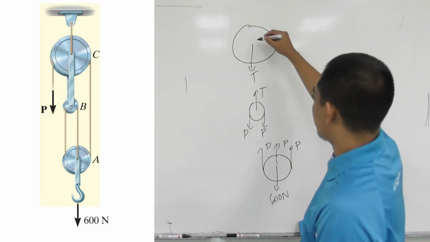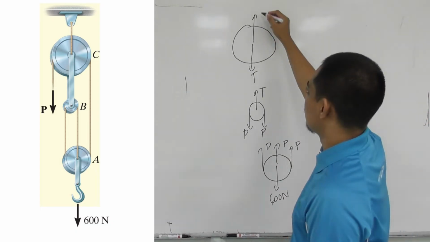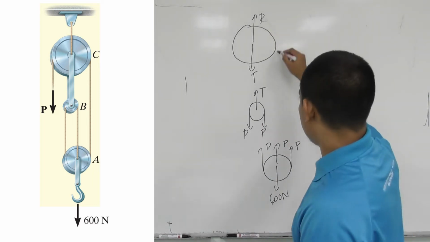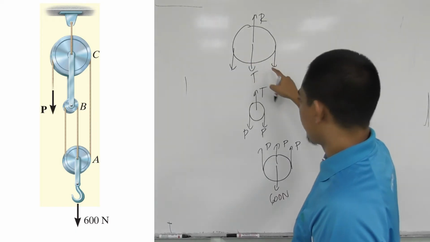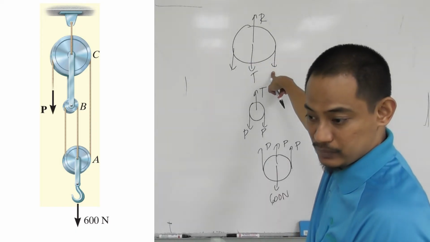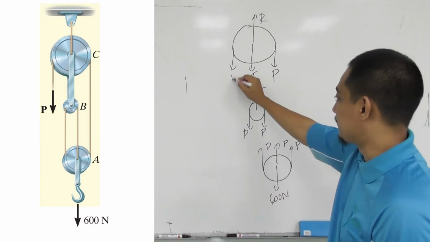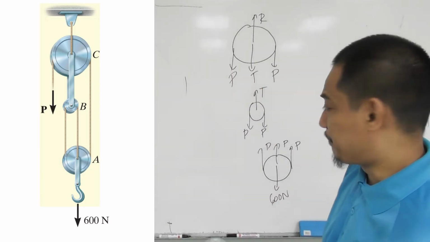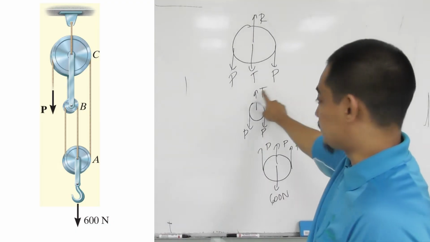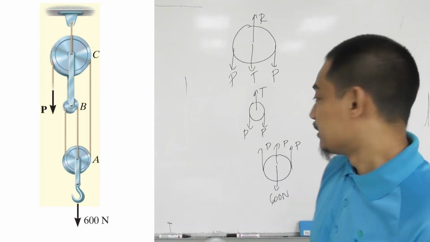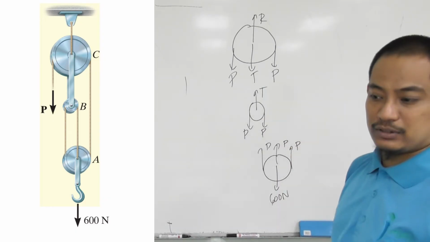And then you have another cable here, just use something else there. And what about here? Which cable is this one? It's either this cable from down here, so it's P and P, right? And of course by now P is already solved, T is already solved, and you can solve for R if the question is like that, right? So as you can see, the free body diagram is not difficult.